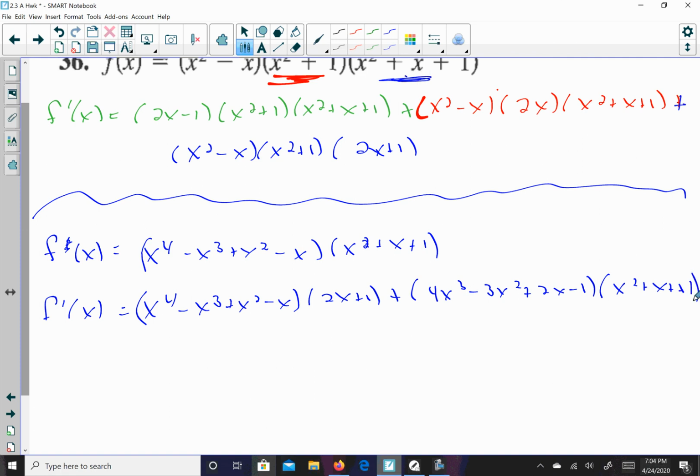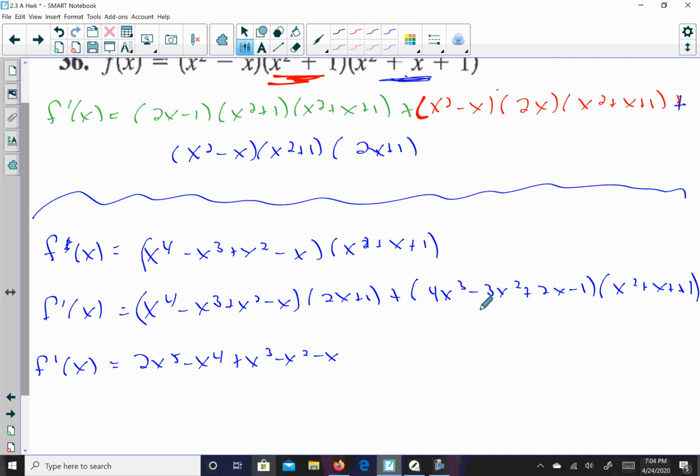And then I'm going to multiply. And when I multiply this times this, I get 2x to the fifth minus x to the fourth plus x to the third minus x squared minus x.